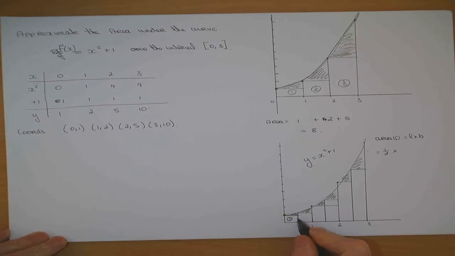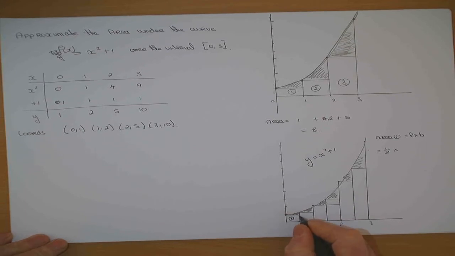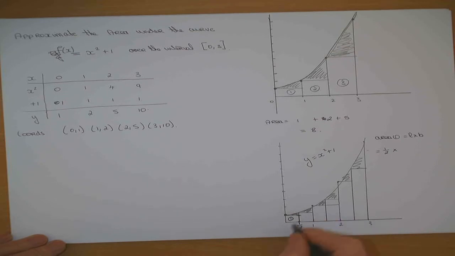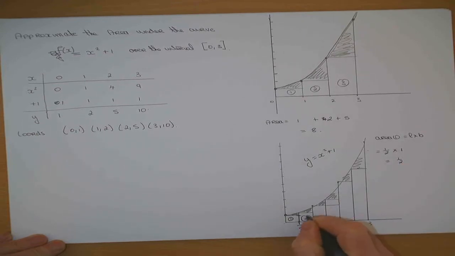I want to know what that distance is, to get the area of that rectangle. And that line is the same as that line, a half of 1, which is a half.